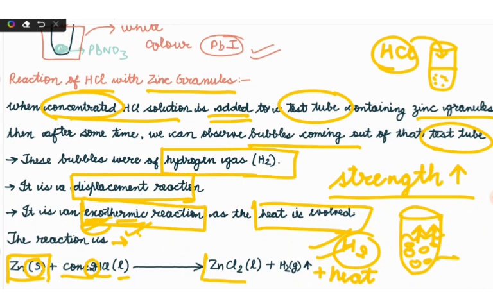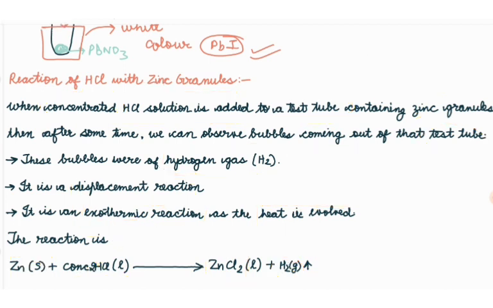This solution is of ZnCl2. Here we get ZnCl2, and along with that we get another thing, that is H2 gas. H2 is a gas, and here we have shown this arrow. This arrow means that it is coming up, coming out of the solution. So this is the basic thing, the reaction of HCl with zinc granules.